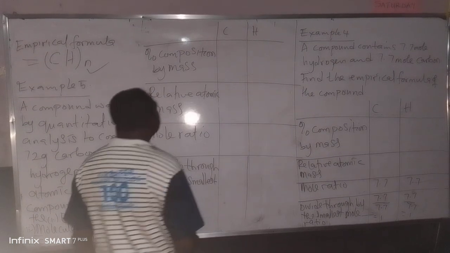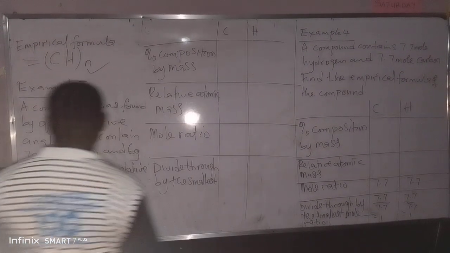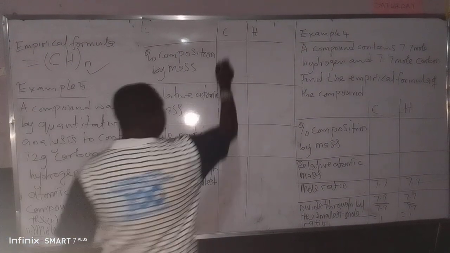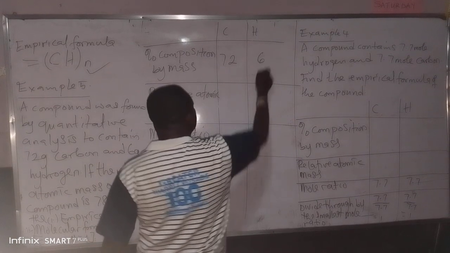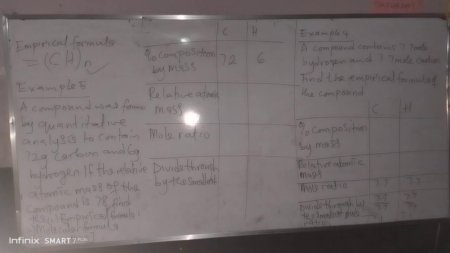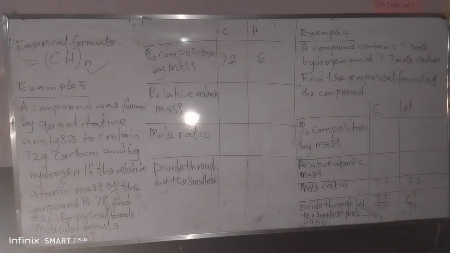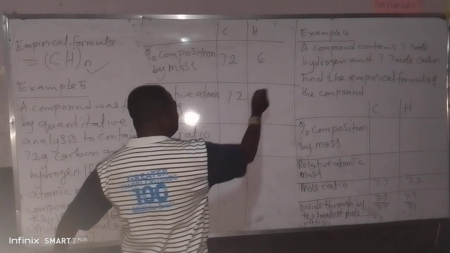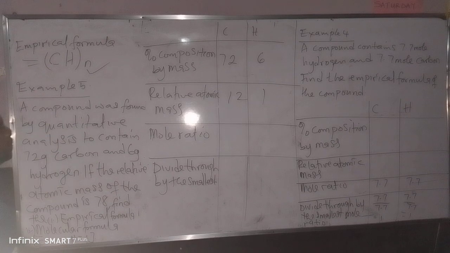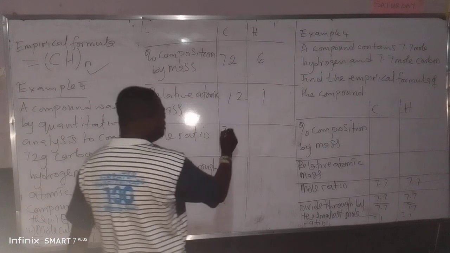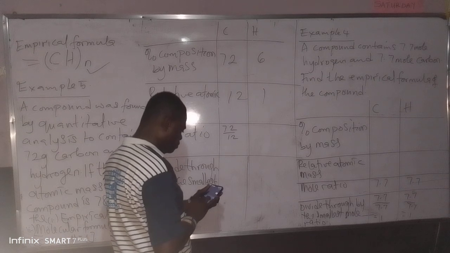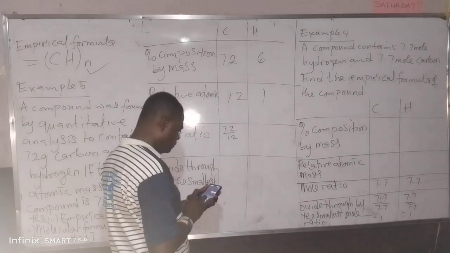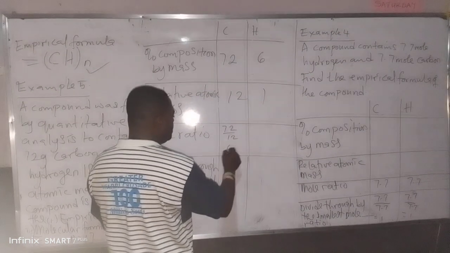According to the question, carbon is 72 grams, hydrogen is 6 grams. The relative atomic mass of carbon is 12 and that of hydrogen is 1. So the mole ratio will be 72 over 12, the answer is 6.